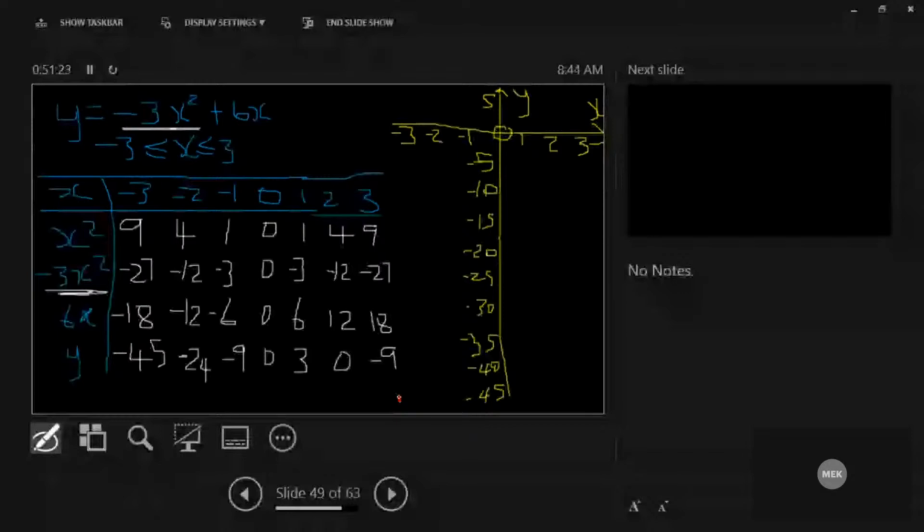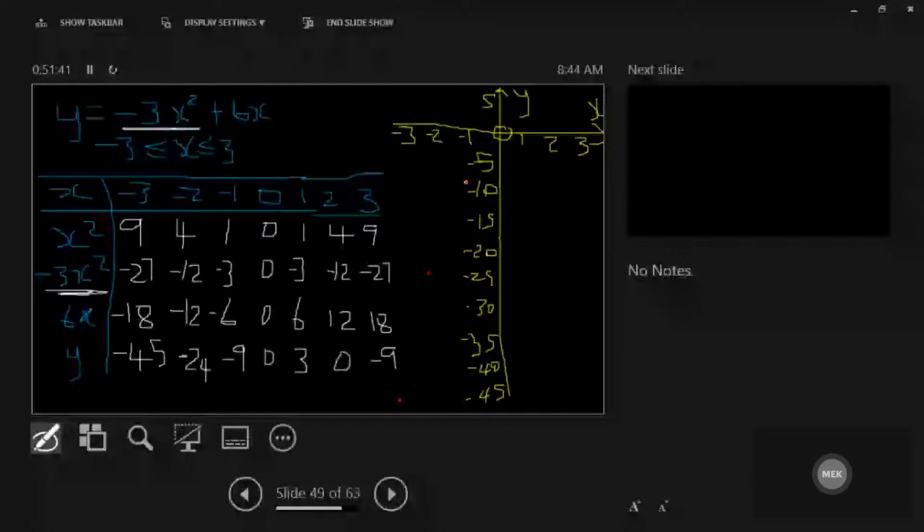Negative 2 to negative 24. So 2 down to negative 24. Negative 1 down to negative 9. So that's negative 1 down to negative 9. 0 to 0.